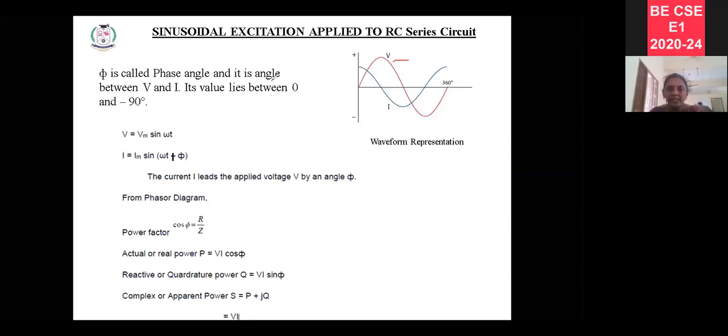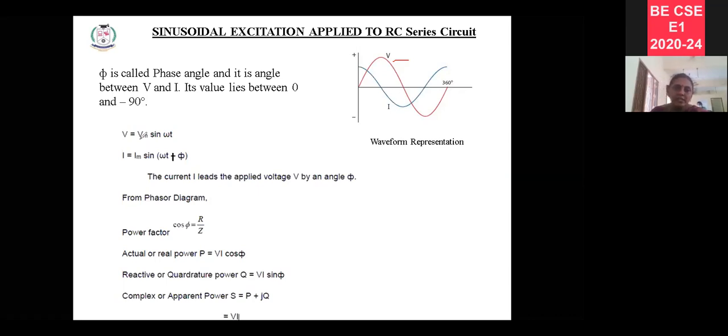What about I? We have marked it in blue. I is equal to Im sin (omega t plus phi). So it is starting with an additional phase angle from 0 degrees.